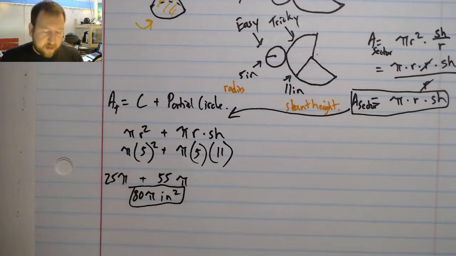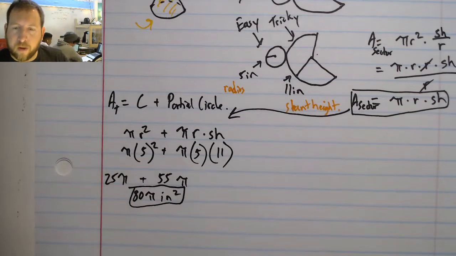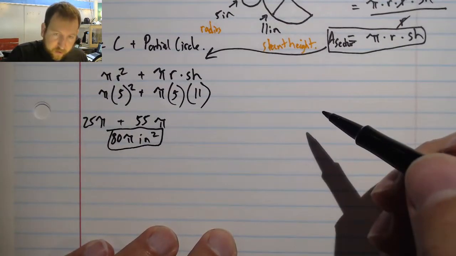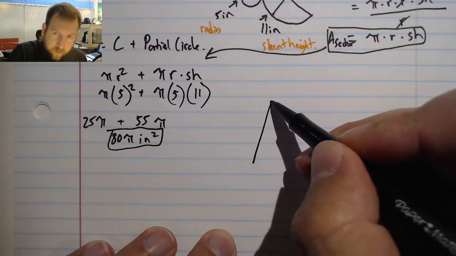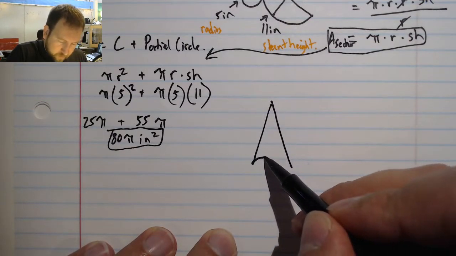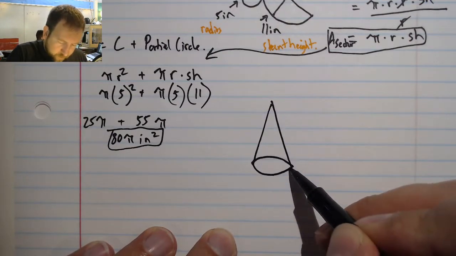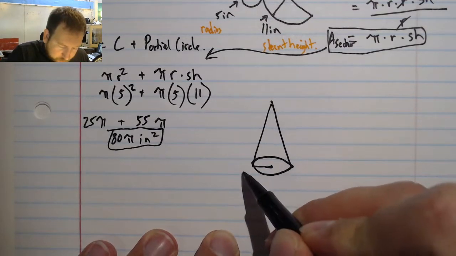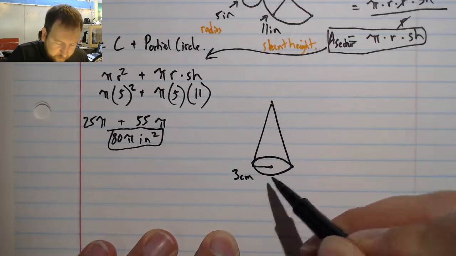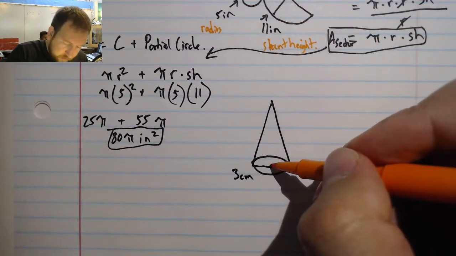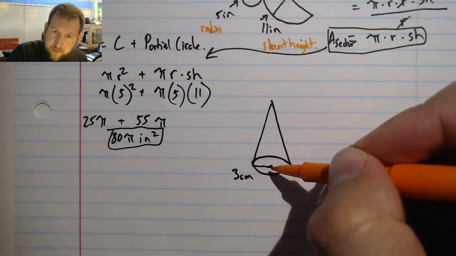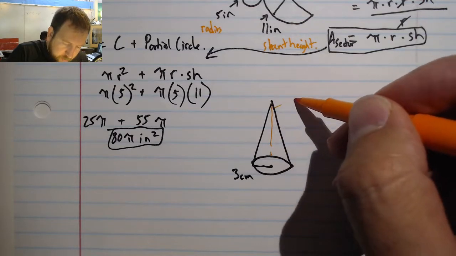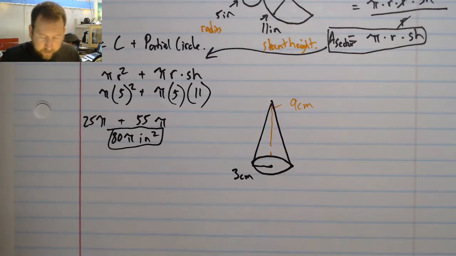I'll do one more quick example, but if you feel like you understand, go ahead and go on, because this one is a little bit different than the ones that we've been looking at before. Okay, I'm going to do a new cone. In this case, our radius is 3 centimeters, and the slant height that we've got here is 9 centimeters.